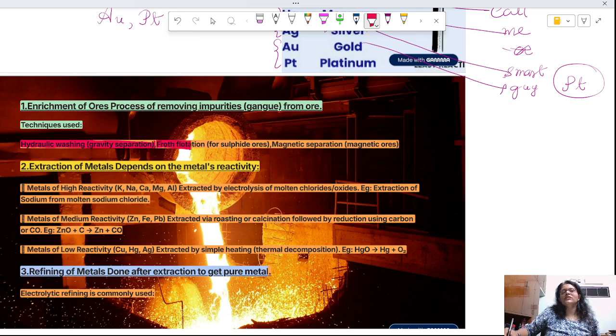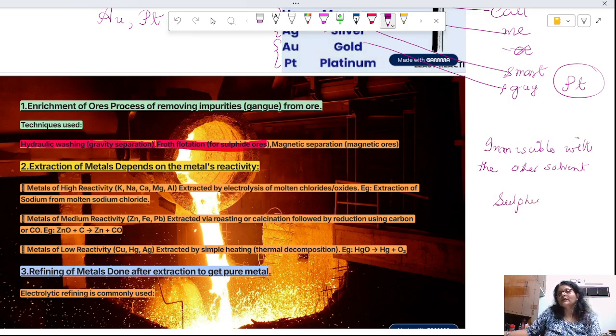So froth flotation is that kind of method, when one product that is present is immiscible with the other solvent. So if you have some sulfide ore, and some other ore or impurities, these impurities might dissolve in water.